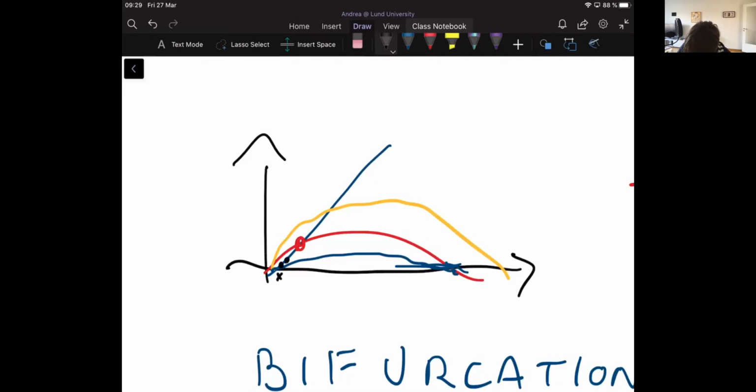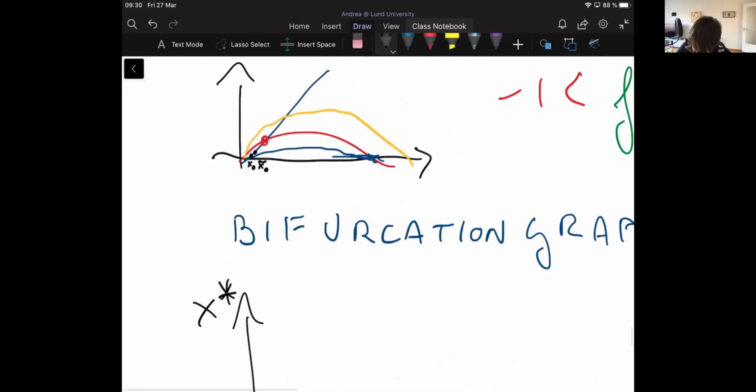So these would be x0 and x0 tilde. So these 2 points start extremely close by.